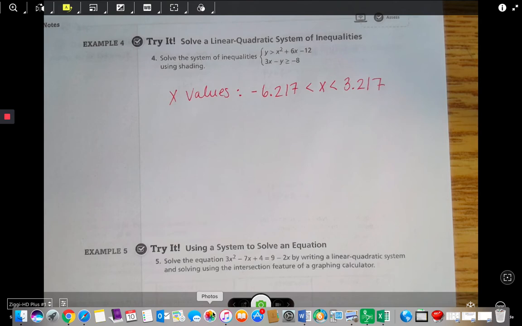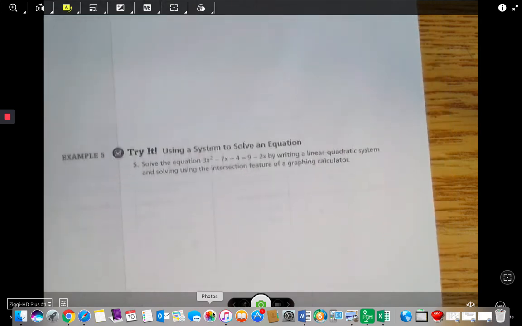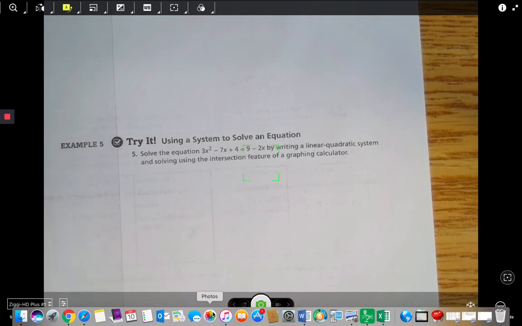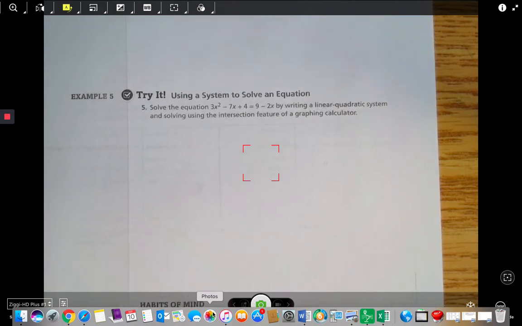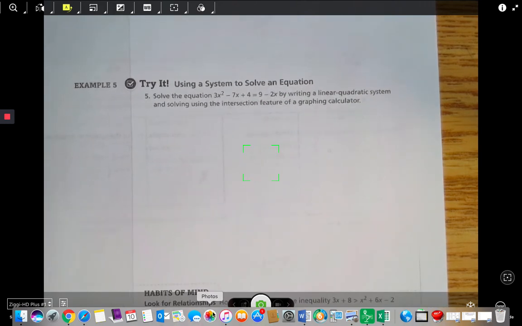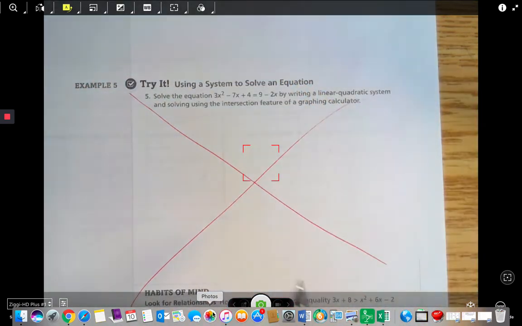All I was doing here was looking for that common shaded region. They didn't even give us a graph to shade. So more than likely, if you were to see something like this, you would have to choose a point in the area. And then this part right here, we're not going to worry about.